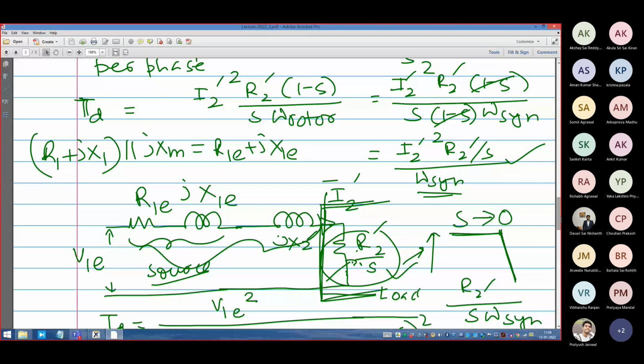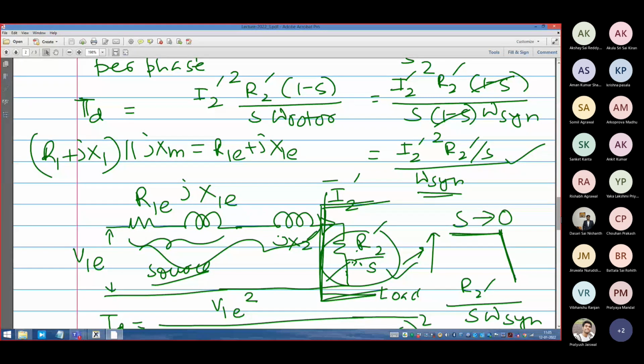If I define omega S as the supply frequency in radians per second, and omega sin as the speed of rotation of the magnetic field, which rotates at this speed and is decided by the number of poles, then omega sin is less than or equal to omega S, the supply frequency.